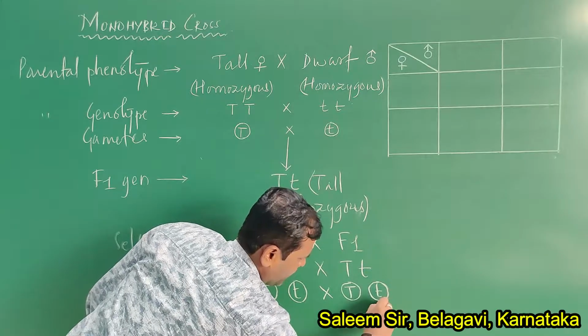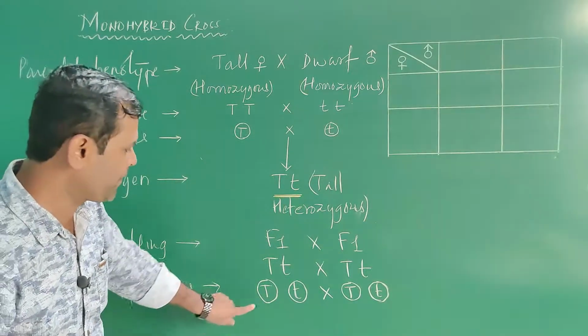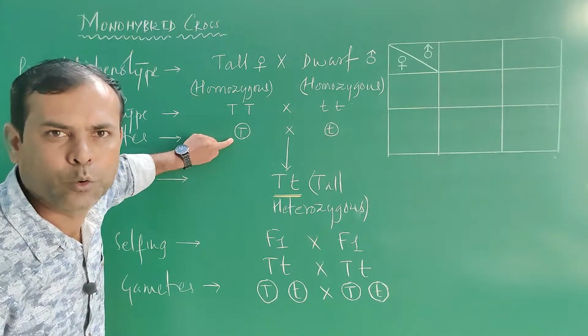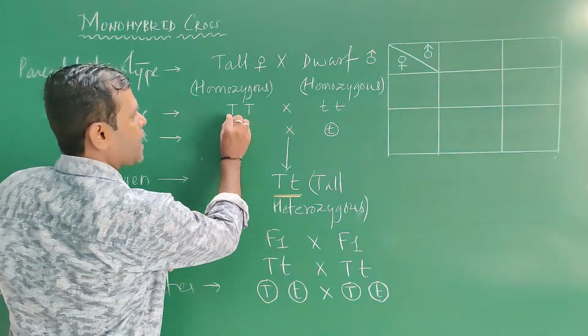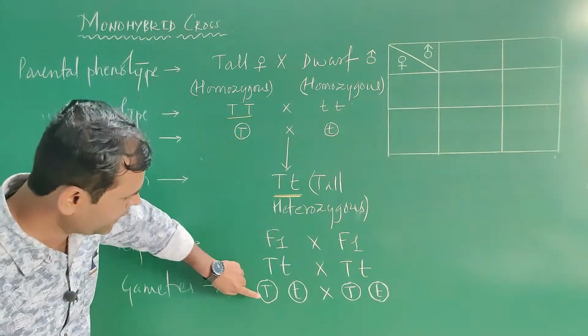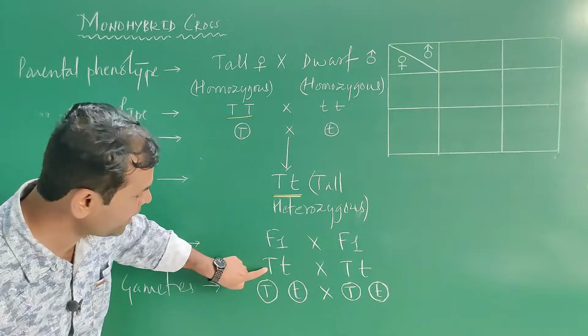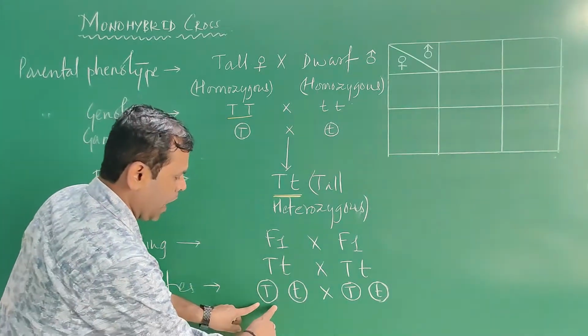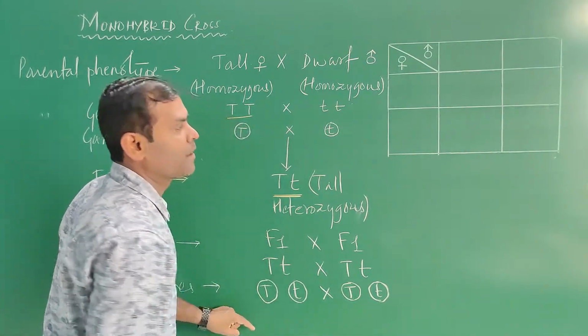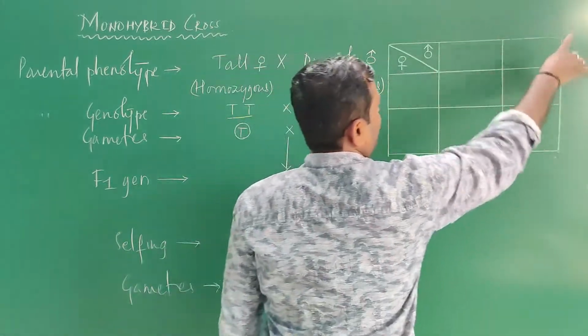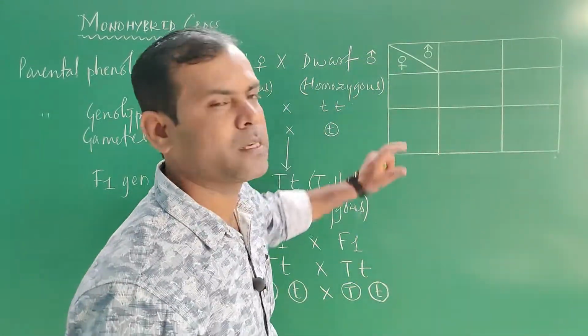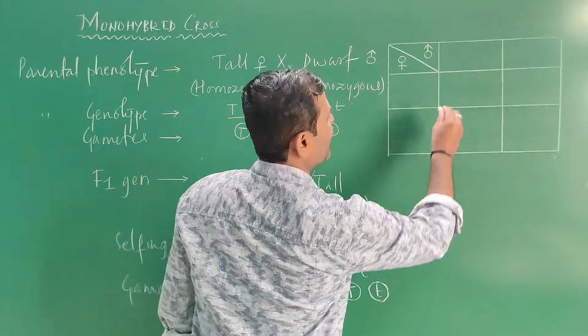So totally 4 gametes are produced. Here only one gamete we took because these two are the same, but here we are taking 2 gametes because these two are different. Now I will take these 4 gametes and put them in this box. Now this box is called as checkerboard.